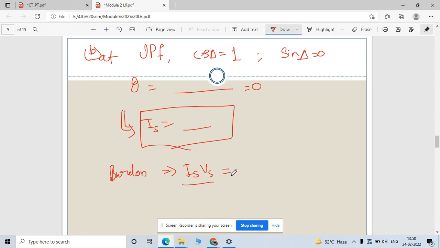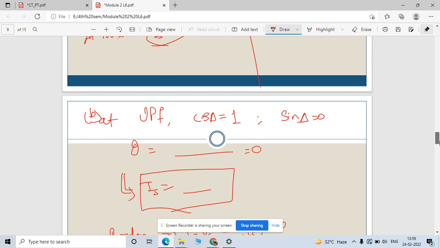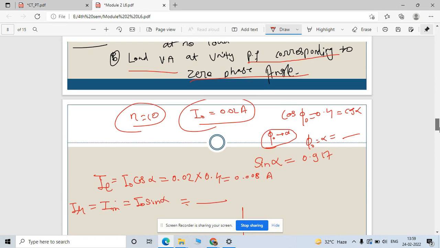Now Is multiplied by 100, so you will get the burden or power loss on your secondary side, and the unit is in volt ampere. So this is the process you need to do, simply put the value.